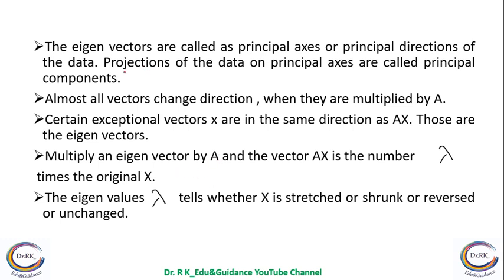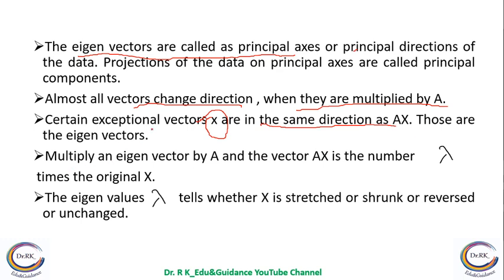Here are some observations. The eigenvectors are called the principal axes or principal directions of the data, or principal components. In general, almost all vectors change direction when they are multiplied by A. But certain exceptional vectors x won't change direction; they continue in the same direction as x.